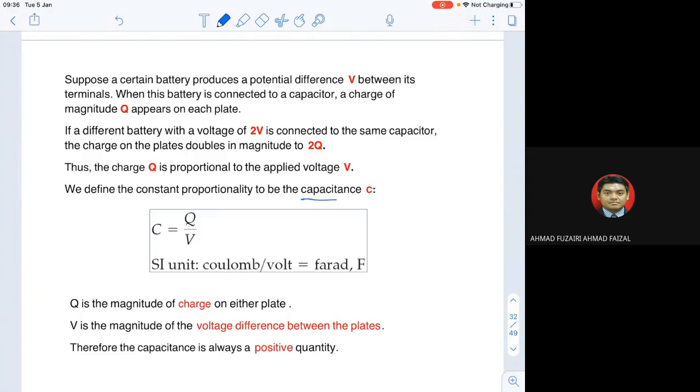We use capital C, which is equivalent to Q over V. C is capacitance, Q is the charge, and V is the potential difference, the electric potential. So capacitance is charge over electric potential, and the SI unit for capacitance is the farad, capital F.